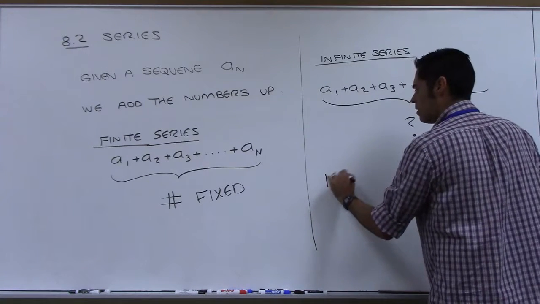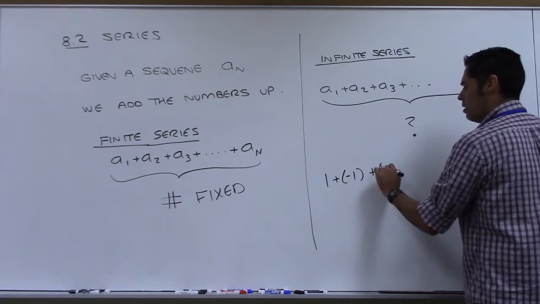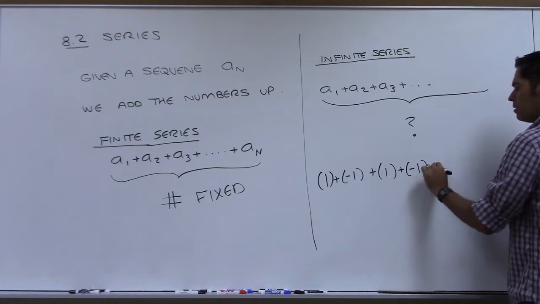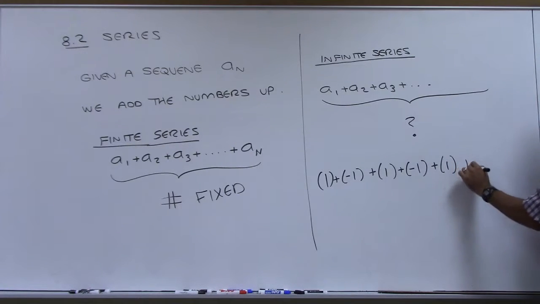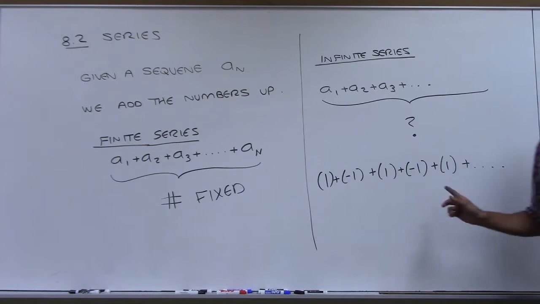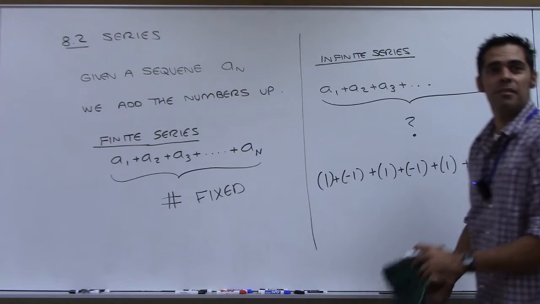Something like 1 plus negative 1 plus 1 plus negative 1 plus 1. You see what I'm saying here? What does that add up to be? 0? That's actually a very interesting question, but it's too early to answer that right now.